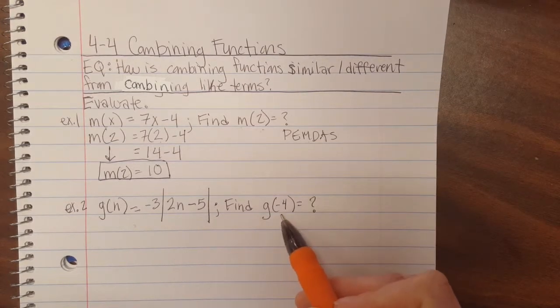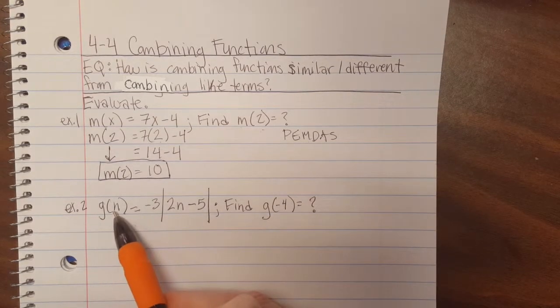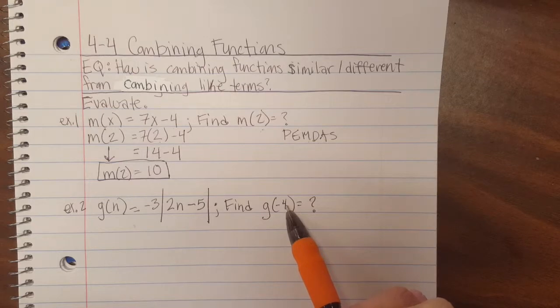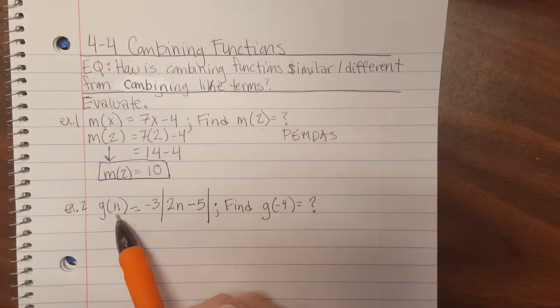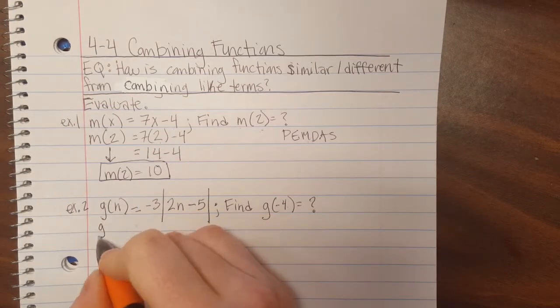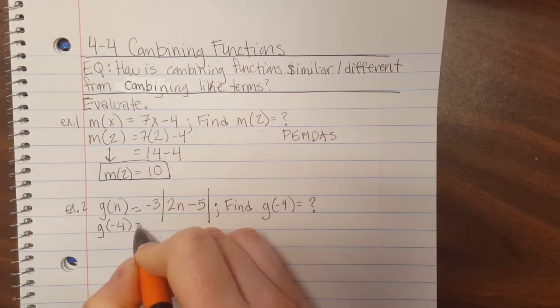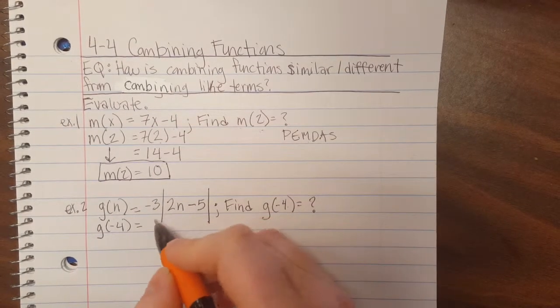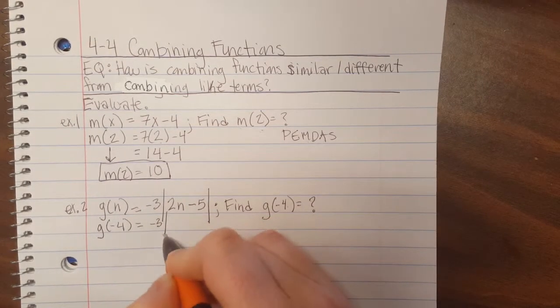So whatever number is in the parentheses is representing, in this case, n. Sometimes that's our x value, in this case it's n. We're going to take this -4 and substitute in, wherever there's an n, the number -4. So underneath, write g of -4, so that's not g times -4, it's g of -4, equals -3, absolute value 2.